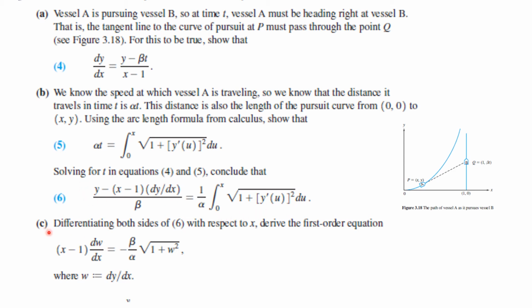Part C, differentiating both sides of 6, this is equation 6, with respect to x, derive a first order differential equation, and it's shown here: (x minus 1) dw/dx equals minus beta over alpha, times the square root of 1 plus w squared. And this is what w is. w is dy/dx. So again, you're supposed to show this is true.